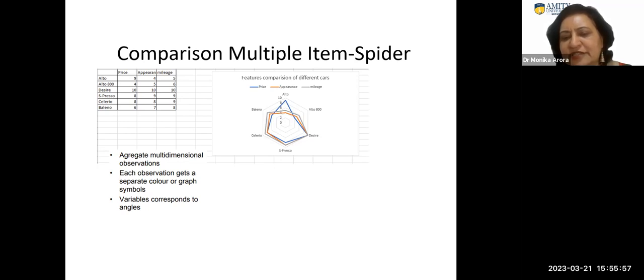It seems that Desire is something which has appearance, price, and mileage as per the customer satisfaction, and the other, Alto, where you can see that there is a diverse pattern related to the price.